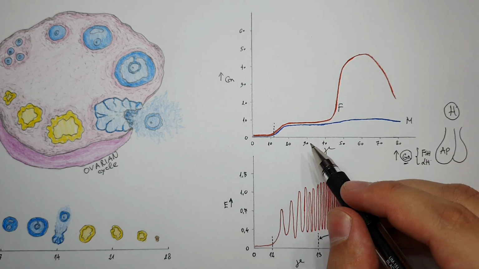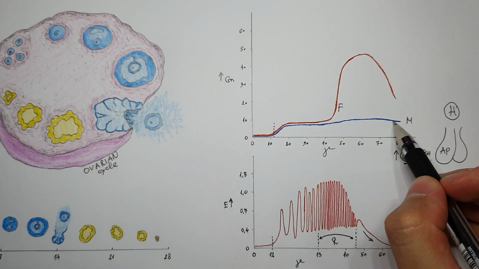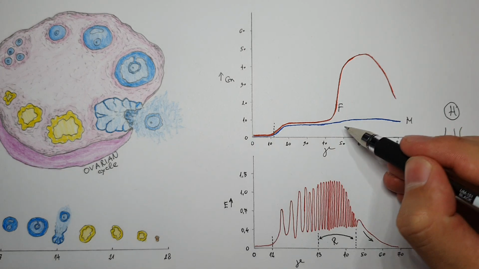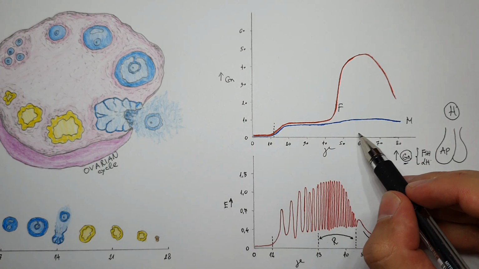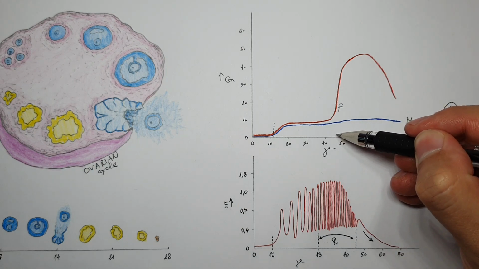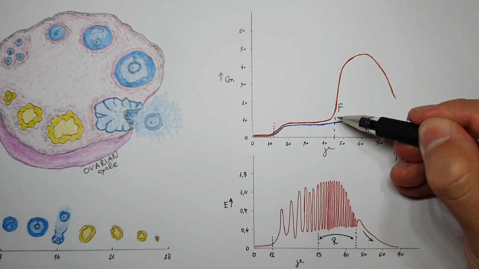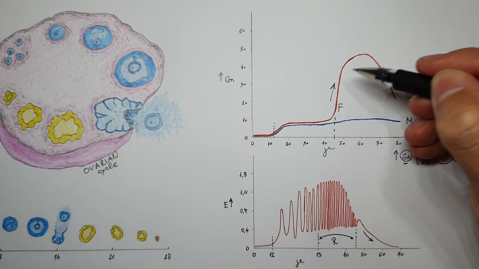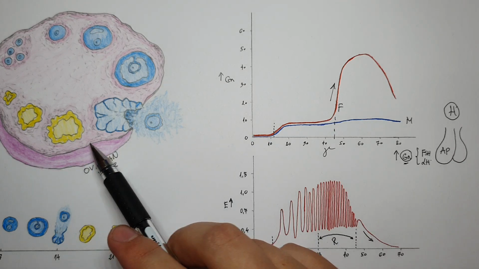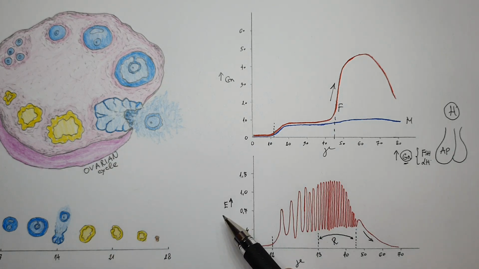In males they are almost constant the whole life, a little bit higher when we come to older males. But when menopause sets in women, we have a sharp increase in gonadotropins. That is because the ovaries can no longer produce estrogen and progesterone.